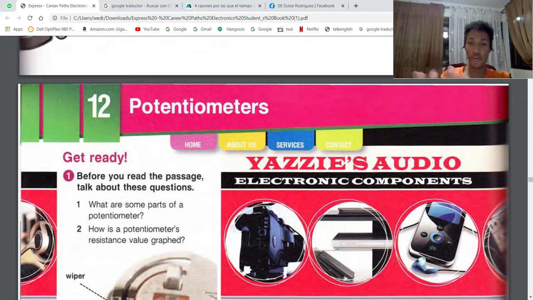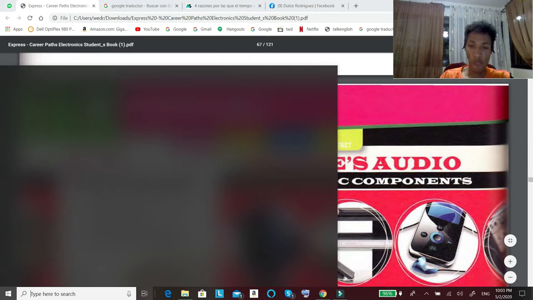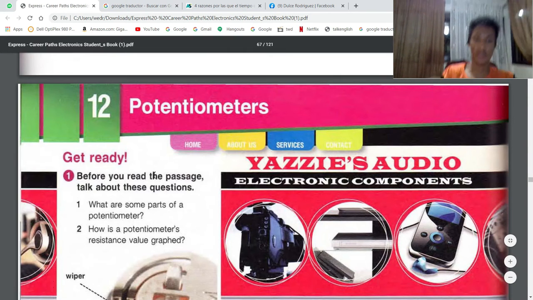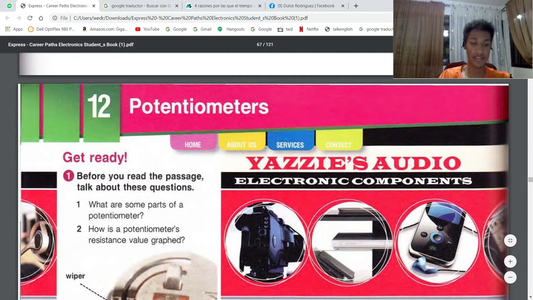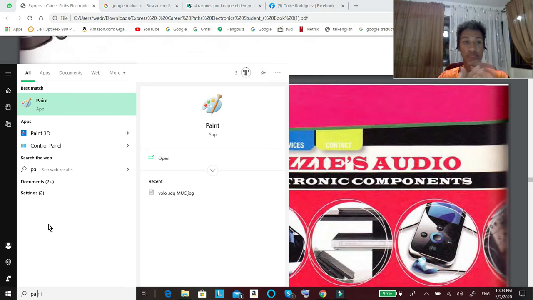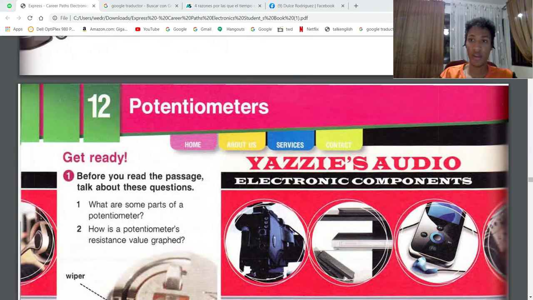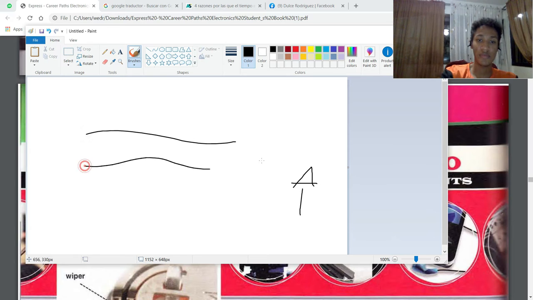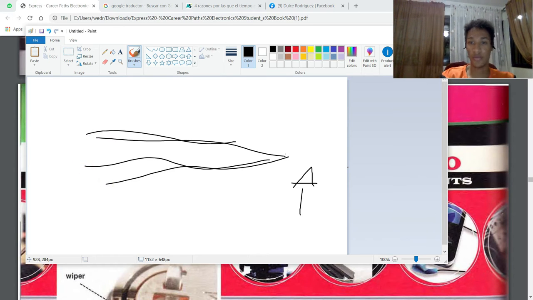I draw for you because I think you don't understand, so I go to Paint. It's the excellent application program for drawing, the best. So with the potentiometer, when you put up, you have a lot of current.